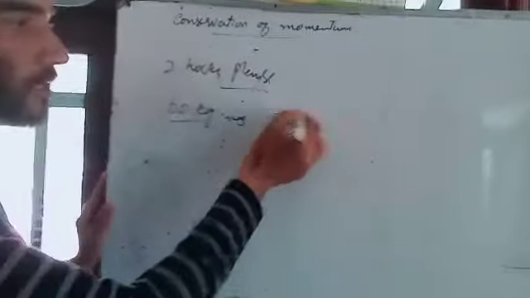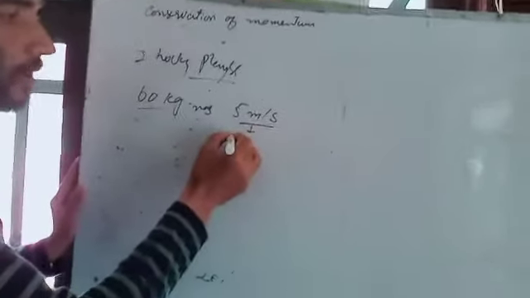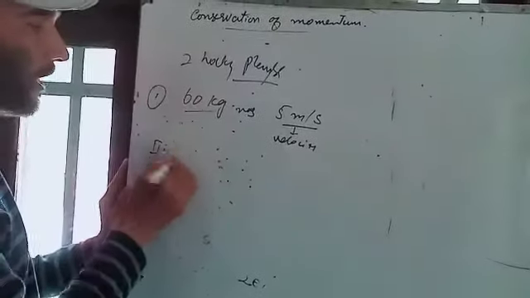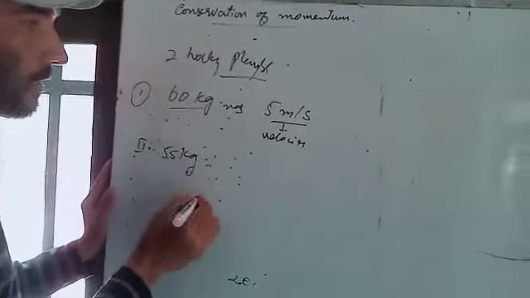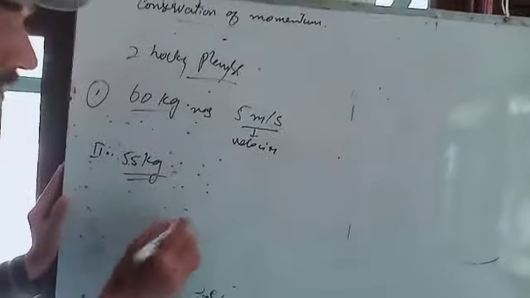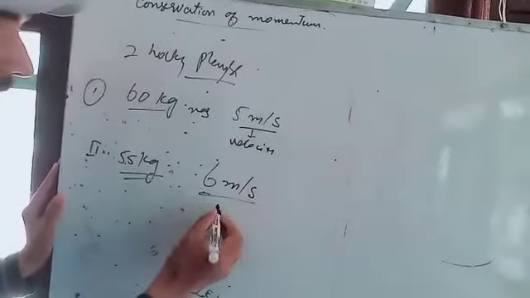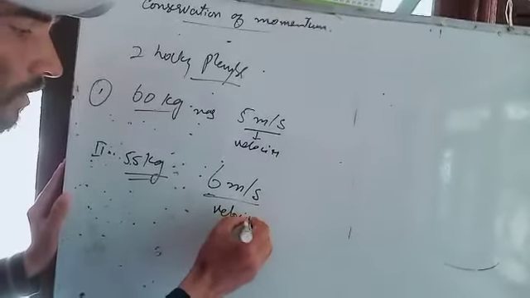It is the velocity of the one player. The second player has 55 kilogram mass, moving with 6 meters per second, but in the opposite direction.